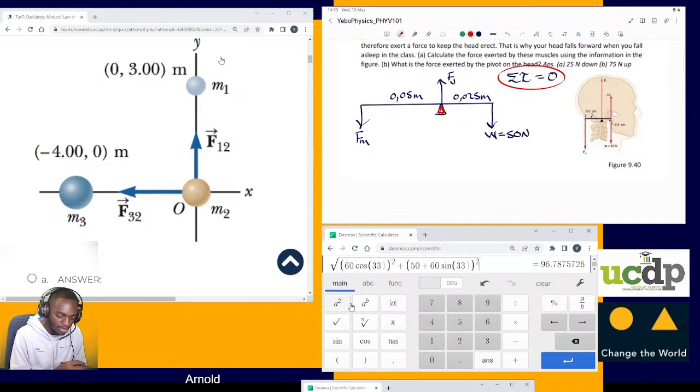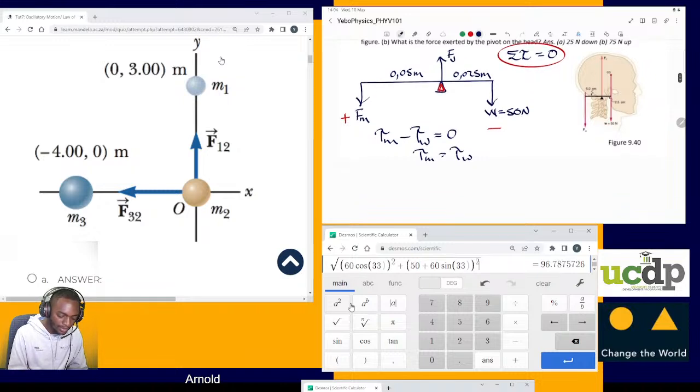Now let's add the torque due to Fm. So if we extend there, this one is going to be anti-clockwise, therefore it's going to be positive. This one is going to be clockwise, therefore it's going to be negative. So that means that torque due to Fm minus torque due to the weight is equal to 0, and this will be equal to the weight.